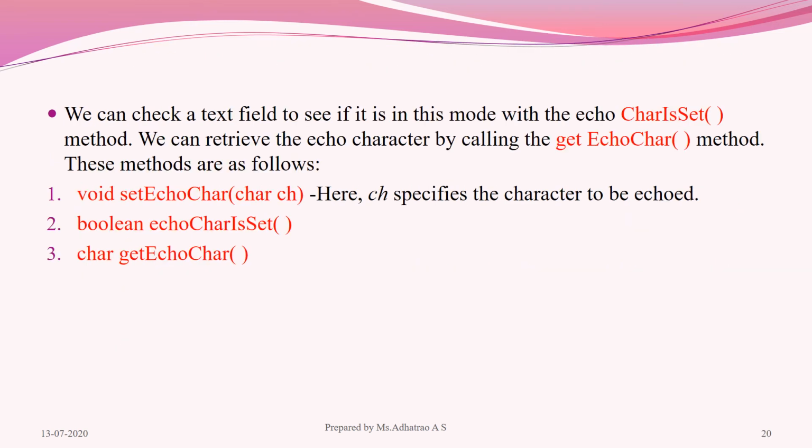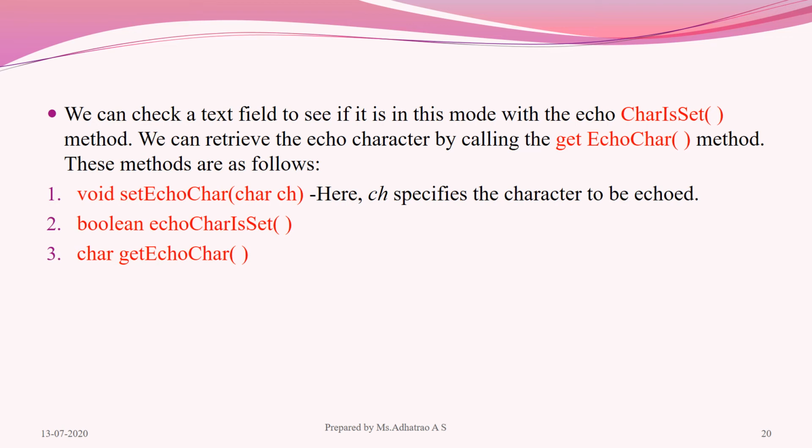We can check a text field to see if it is in this mode with the echoCharIsSet function. We can retrieve the echo character by calling the getEchoChar method, which is declared as follows. First, void setEchoChar(char ch), where ch specifies the character to be echoed.